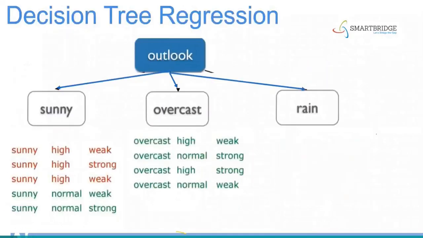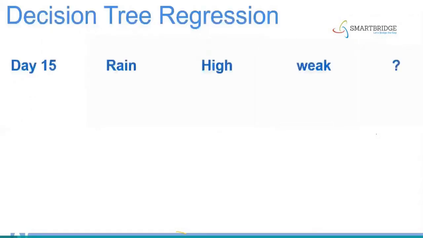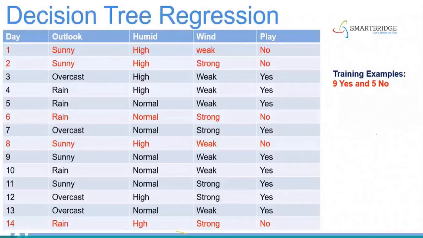In the first training example, just take wind. In wind, how many Yes's are there and how many No's are there? Just consider wind only, guys.